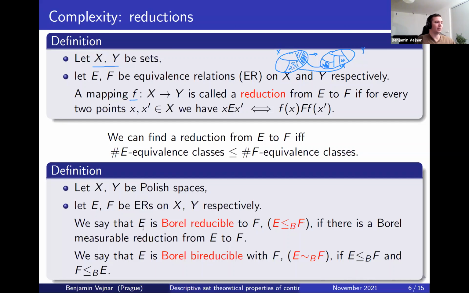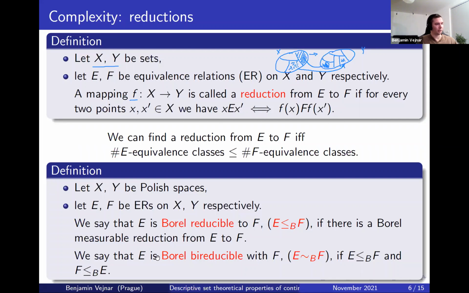And we say that E is Borel reducible to F, and we denote it by this symbol, if there is a Borel measurable reduction from E to F. So there is some Borel measurable mapping f from X to Y, such that two points in X are E-related if and only if the images are F-related.